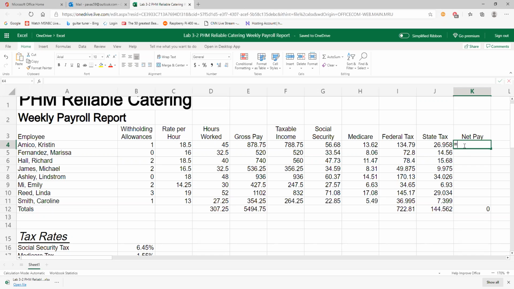So it's going to be equals gross pay minus, you know what, because it's a bunch of them, we can do it this way. Oh, that's easy.